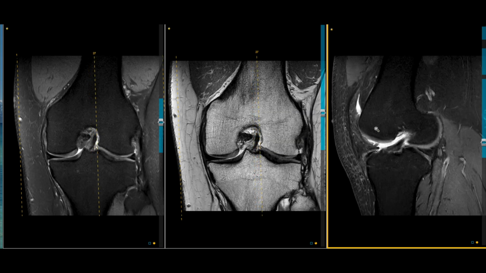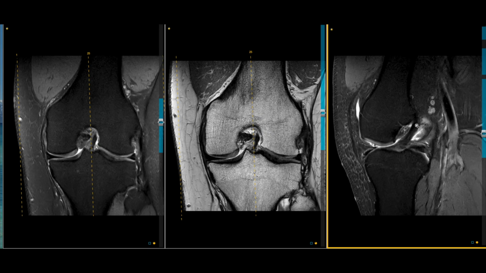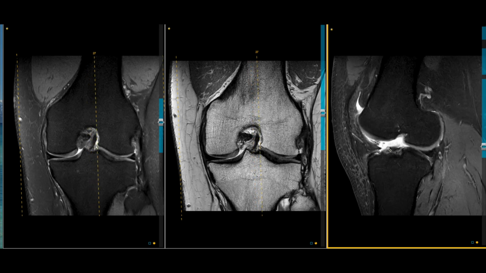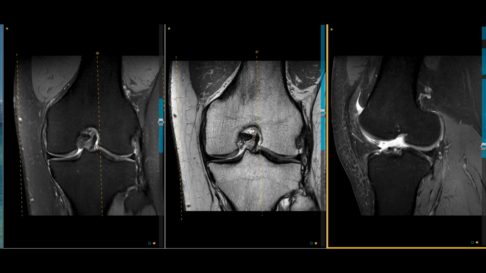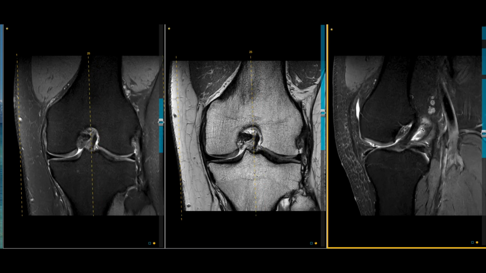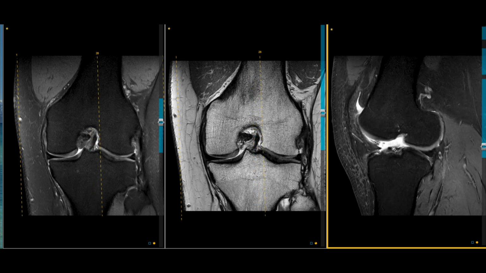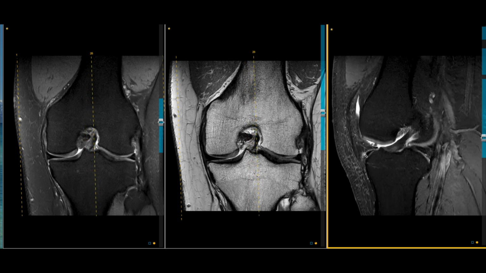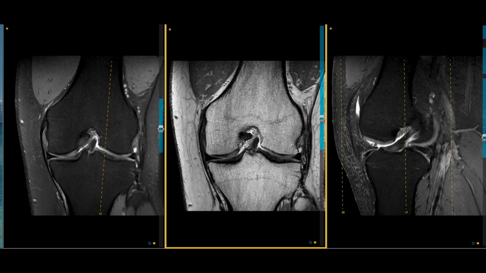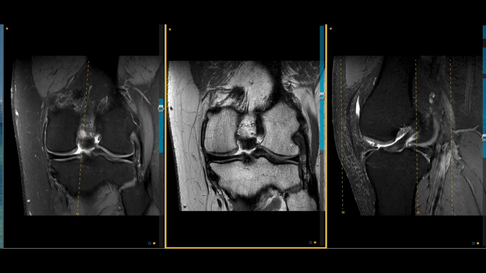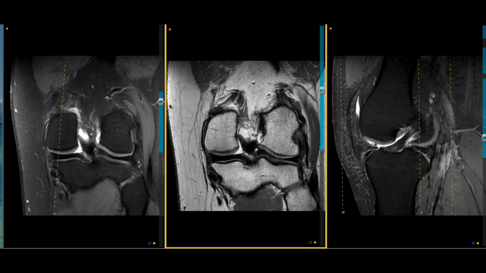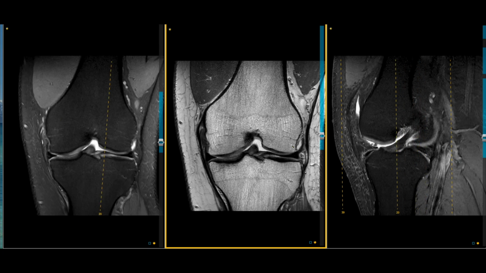You can see on these sagittal sequences that there is a sag within this ACL. It is not taut and parallel to Blumensaat's line, hence being termed the elongated ACL with reduced thickness. The ACL itself is fairly uniform in its signal intensity from the femoral through to the tibial footprint.